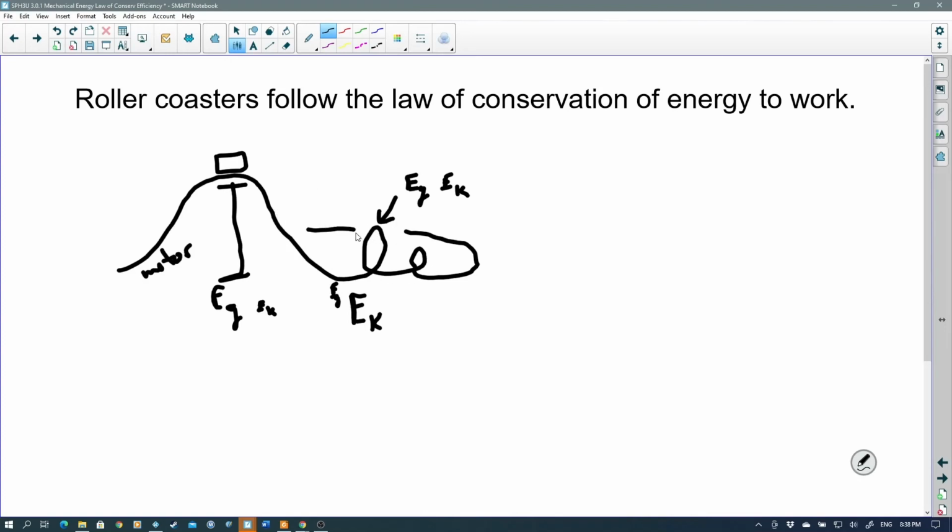But most coasters will come around. By the way, I'm drawing the Dragonfire here, if you've ever been to Wonderland, okay. I didn't draw it, but I think there's a corkscrew somewhere in there as well. But that's basically how roller coasters work. They work completely off of the law of conservation of energy.